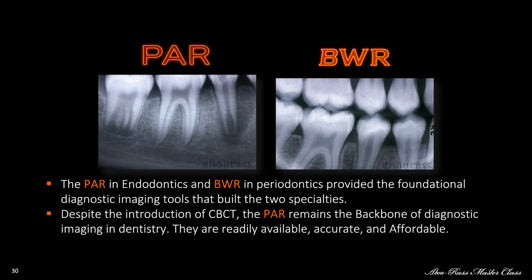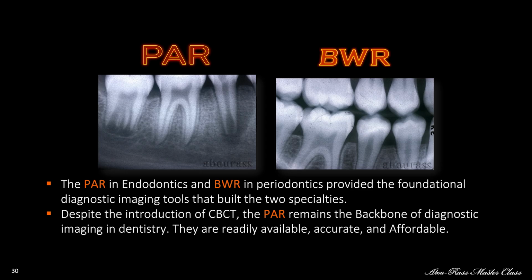The protocol uses in the 10 ADI the periapical radiograph, PAR, and the bite wing, the periapical radiograph for endodontic troubles, and the bite wing for periodontal troubles and restorative troubles.